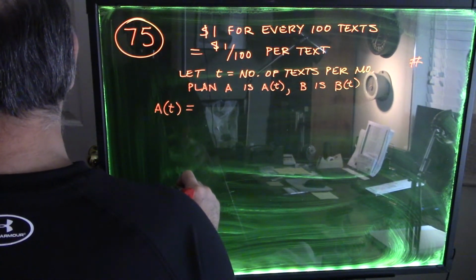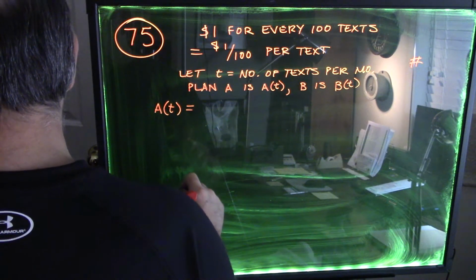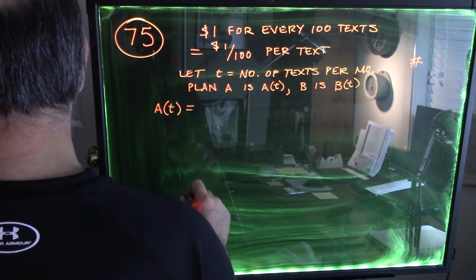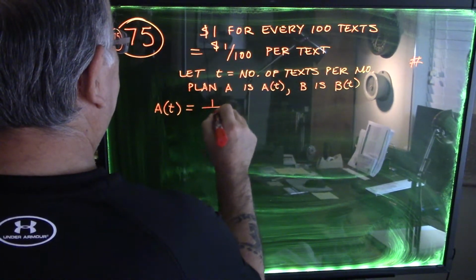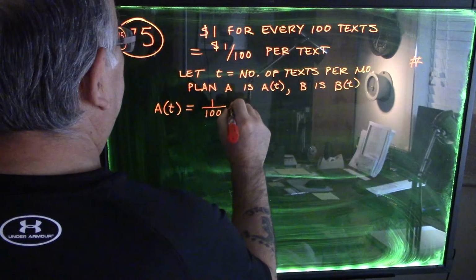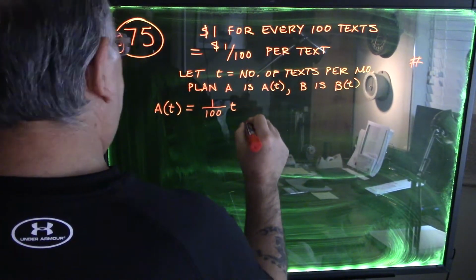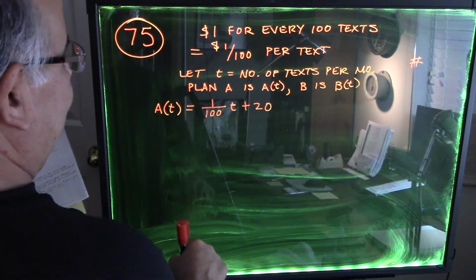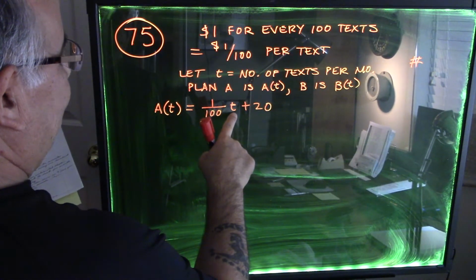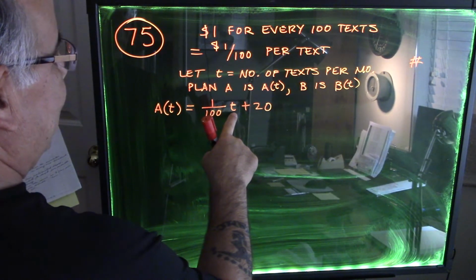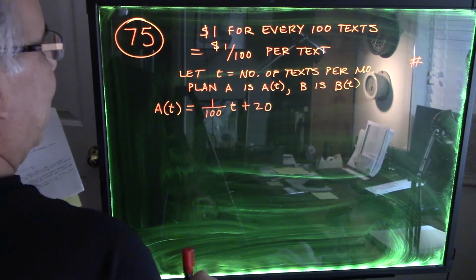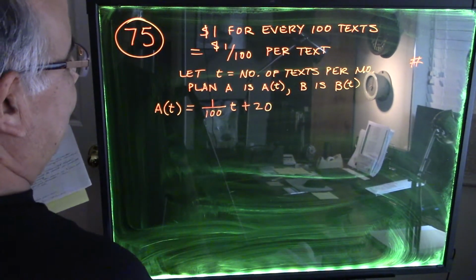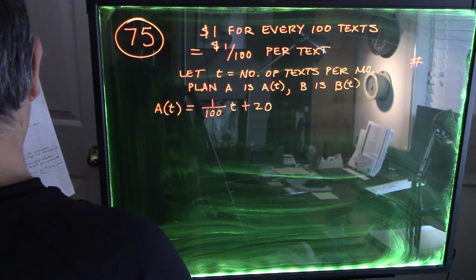It was $20 a month and $1 for every 100 texts. So that's 1/100th times t plus 20. The $20 a month is the constant charge every month. And then you put the number of texts you do here. Like if you have 100 texts, 100 times 1/100th equals 1. So it's going to cost you $1 plus $20 that month, or $21.